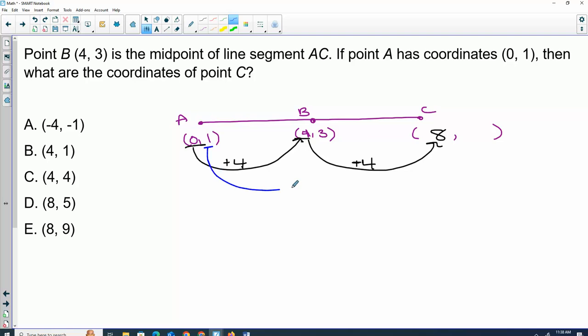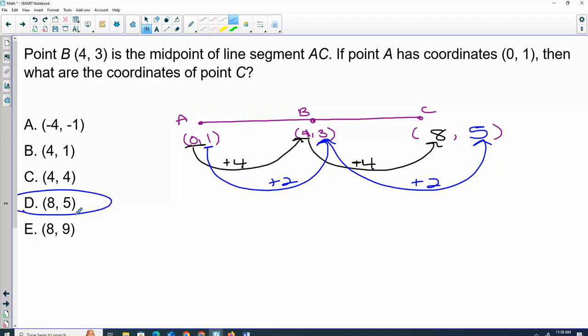How do I get from 1 to 3? So if we do it again, 3 plus 2 is 5. Get that point. So you could just look for the pattern. The other option is to plug them into the midpoint formula.